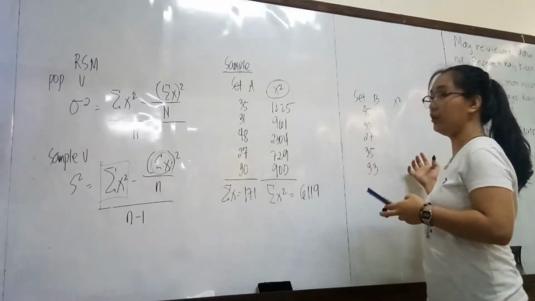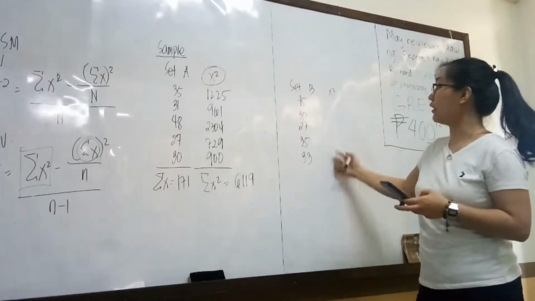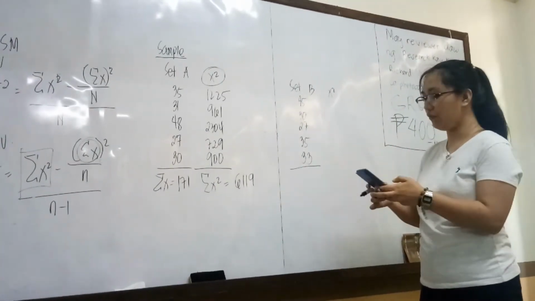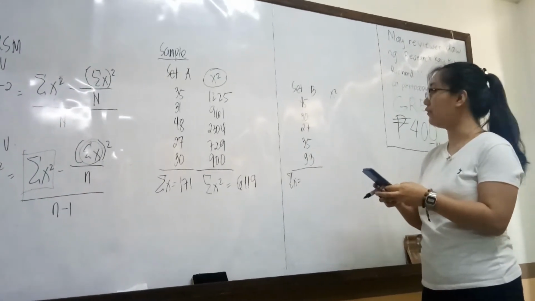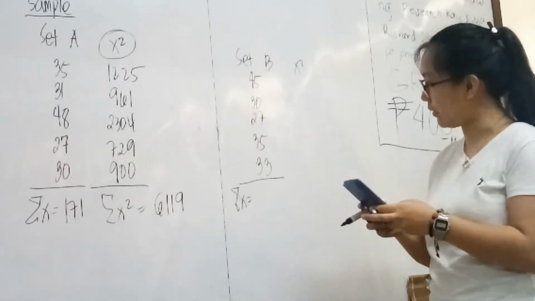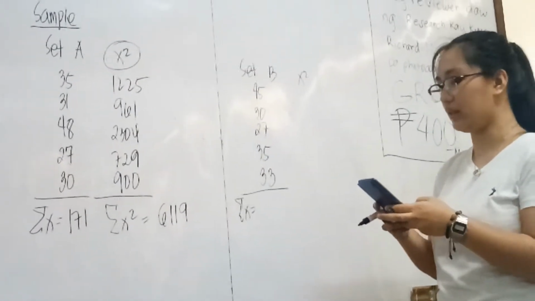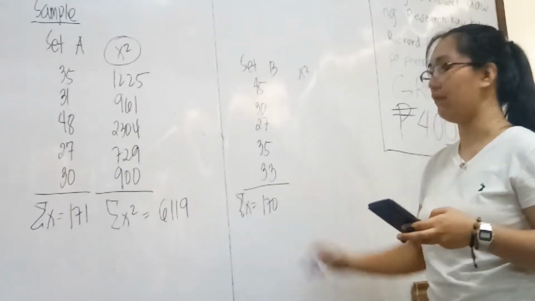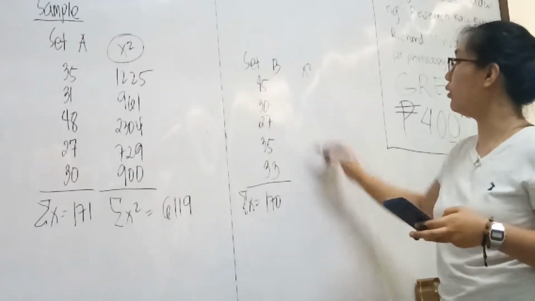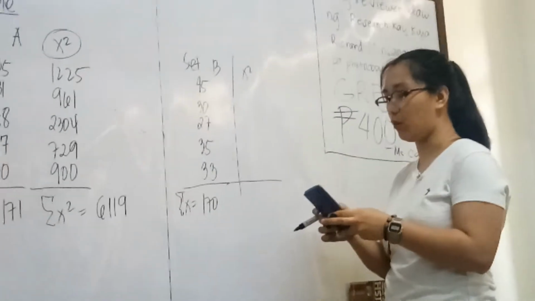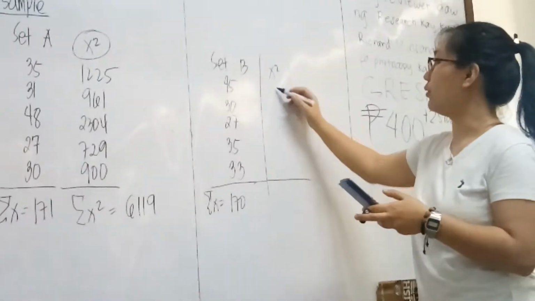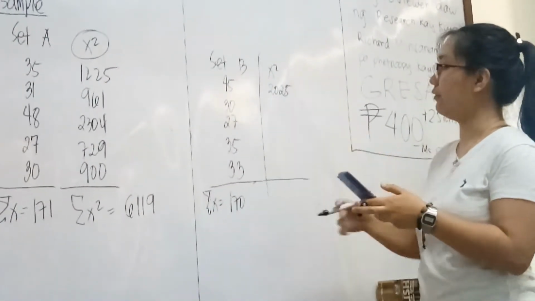And you do that on your next data set. So summation of x muna tayo. Summation of x natin, we have 45 plus 30 plus 27 plus 35 plus 33, 170. And how are you going to get your summation of x squared? Same process, 45 squared. Ganun lang. So we have 2025.